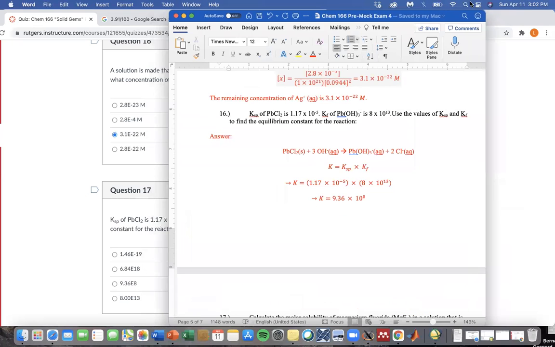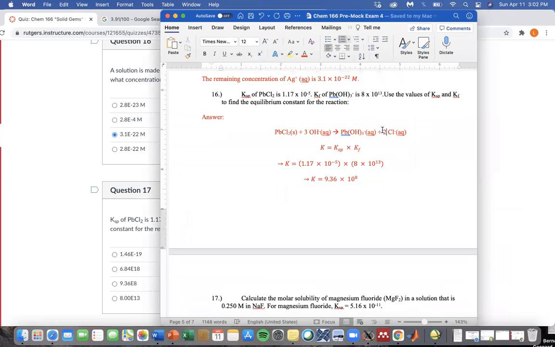I feel like that's the wording of the question that was not super obvious, but the overall idea is that you combine these two Ksp and Kf values together into one equation.